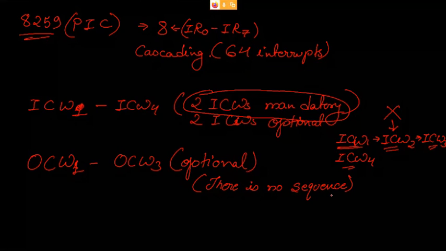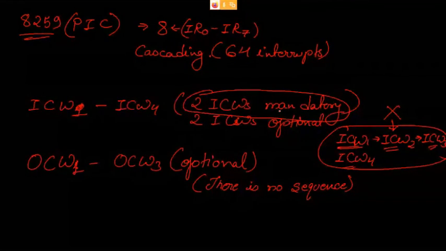You can write OCW3 first, then go for OCW1, and then if you want, OCW2. But remember, OCWs are non-sequential, but ICWs are sequential. And this is the so-called small summary of 8259. Remember, this is all to handle the interrupts.